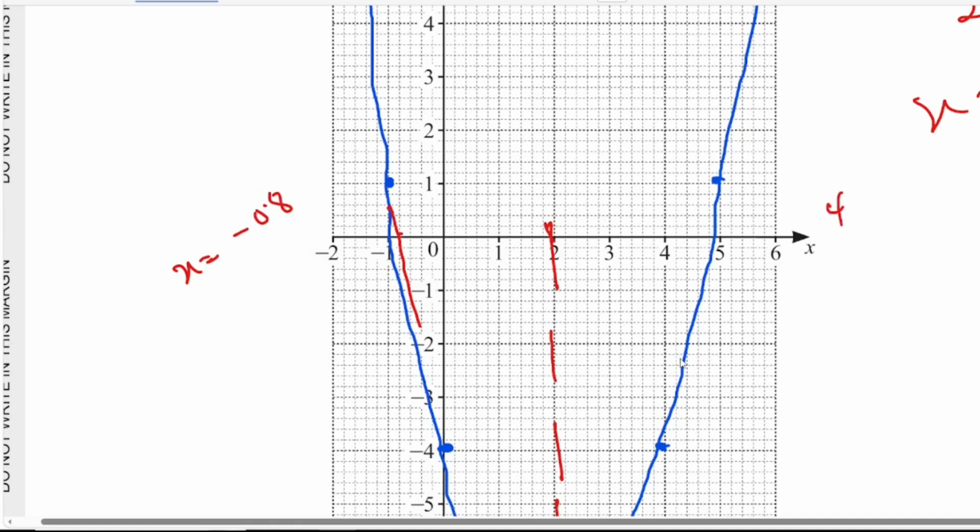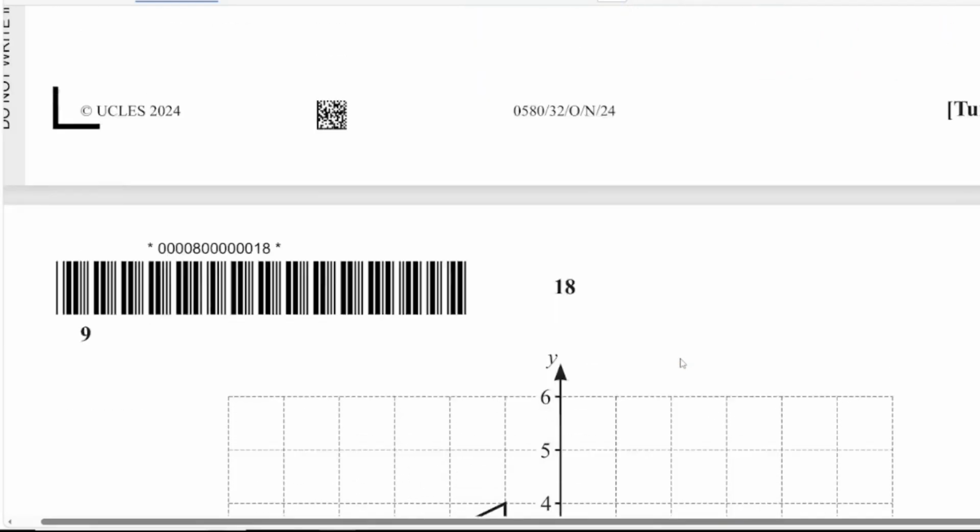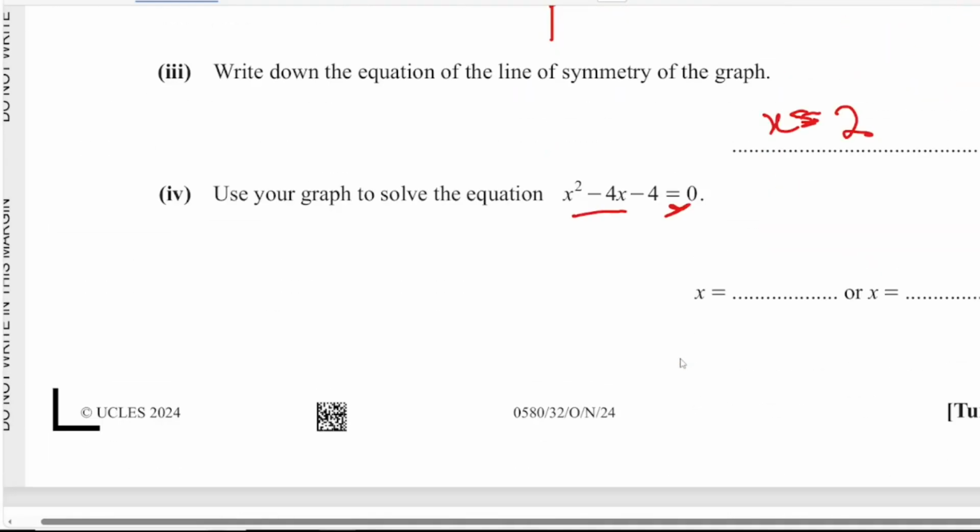So maybe 4.85 or 4.82, 4.83, any of those values. So negative 0.8 and then positive 4.8 something. So first is negative 0.8, and then next is 4.8, let's say 4.83, and that is enough.